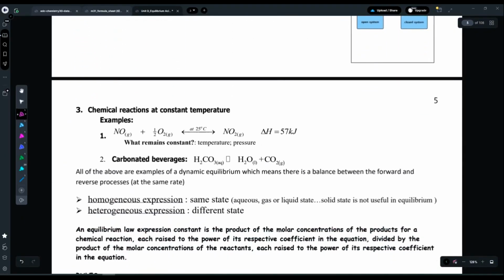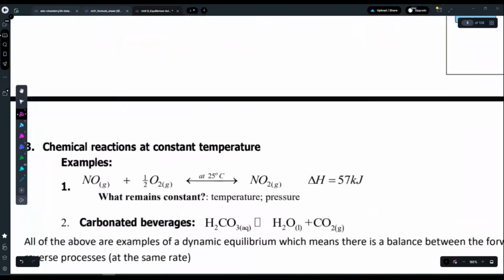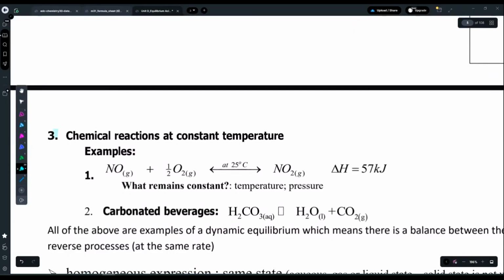Okay, our last example of a system at equilibrium will be chemical reactions that occur at a constant temperature. For example, we have nitrogen monoxide reacting with oxygen gas to produce nitrogen dioxide.